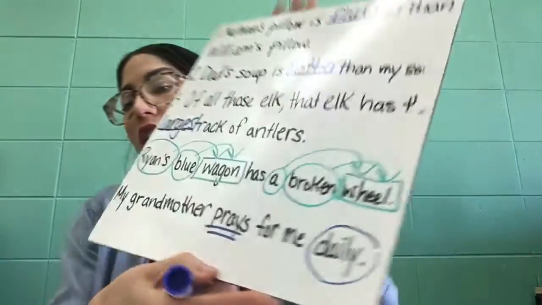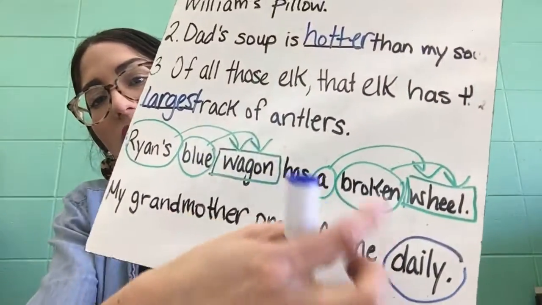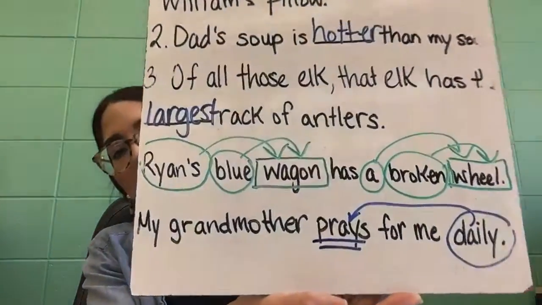And then we're going to draw an arrow from daily to praise. Very good. Because it's describing the verb praise. So how often does she pray? Daily. And that's all you have to do. So all you're doing is underlining your verb phrase, circling your adverb, drawing it to the verb. That's it. Okay, so Think B is easy.